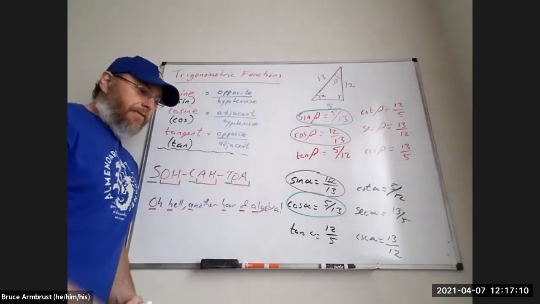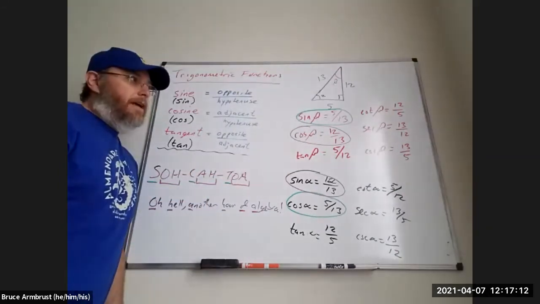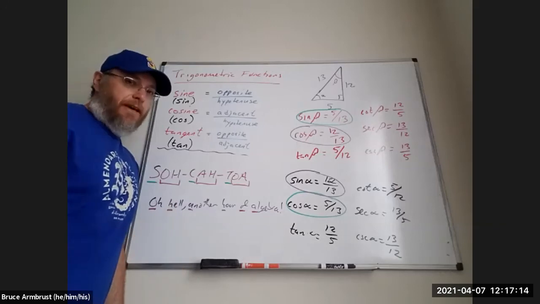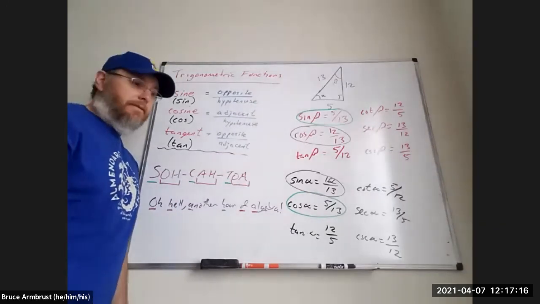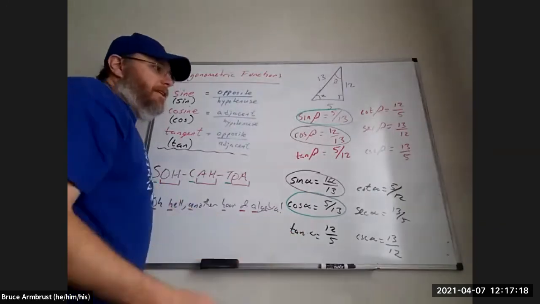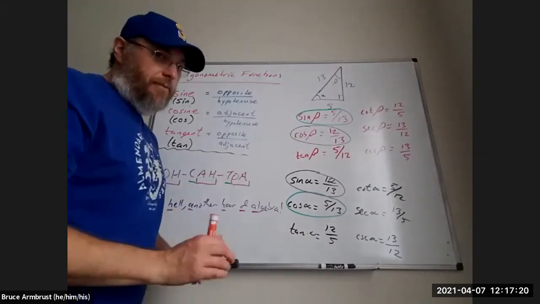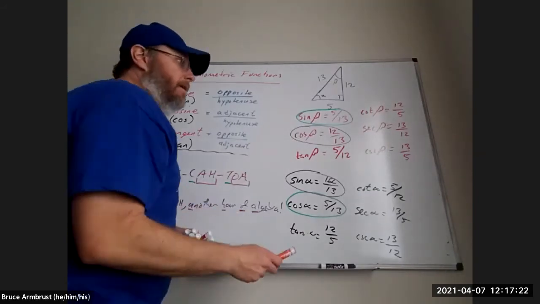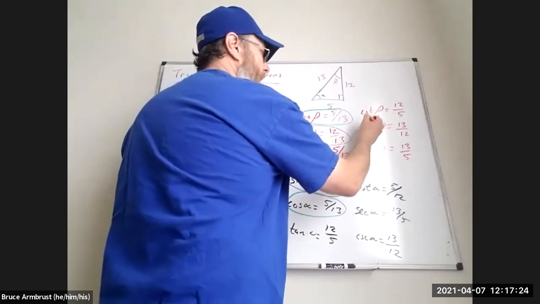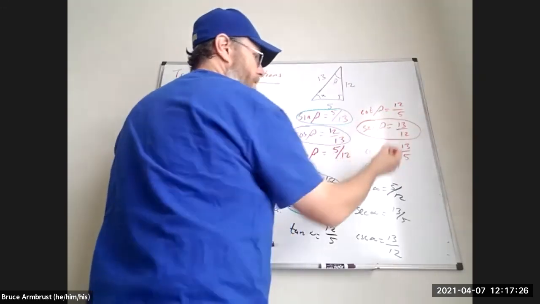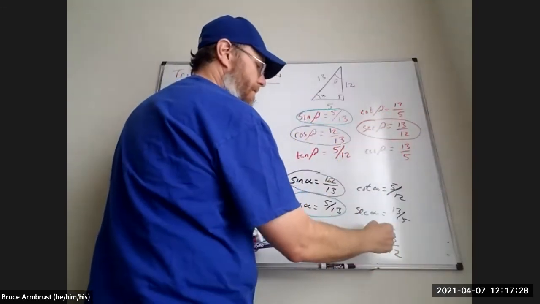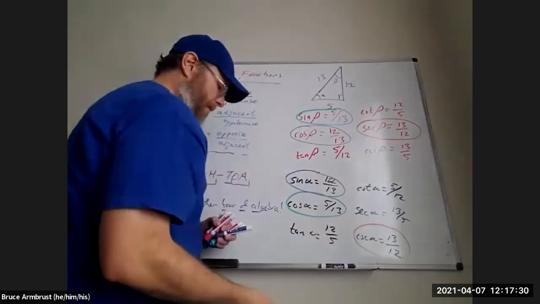But let's go one step further and notice that the same thing happens with other pairs. Secant and cosecant, this should come as no surprise to anybody, but secant and cosecant do the exact same thing. Here's our secant of beta is the same as the cosecant of alpha.